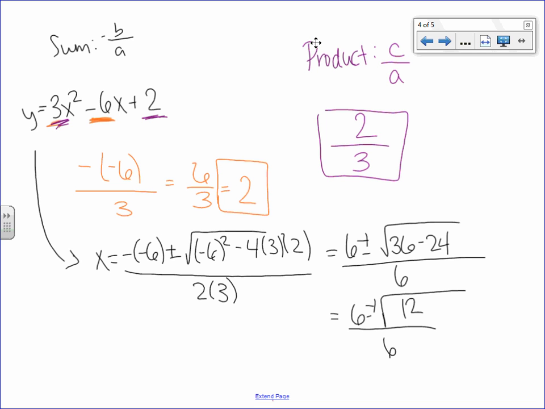And I can simplify the square root of 12, because that's going to give me 6 plus or minus 2 radical 3 over 6.